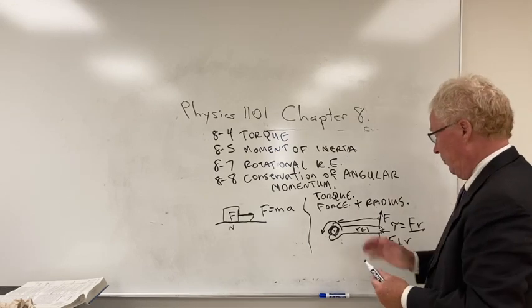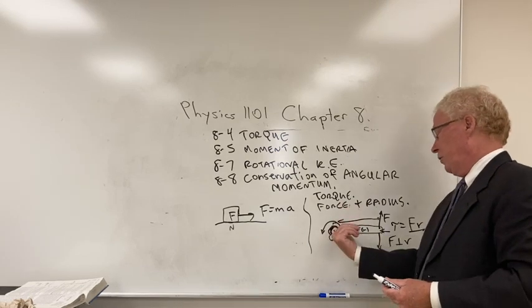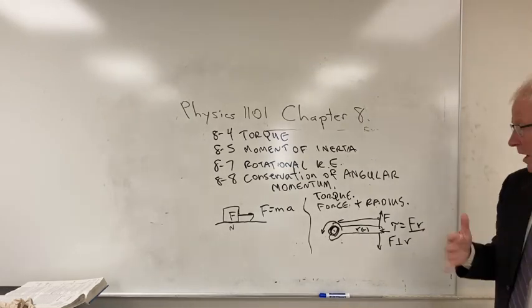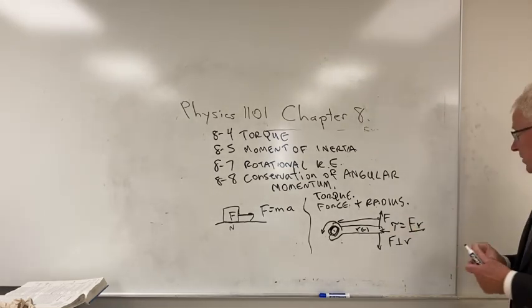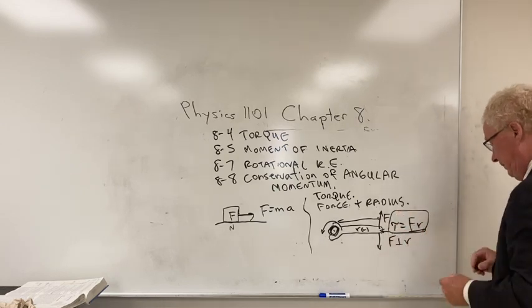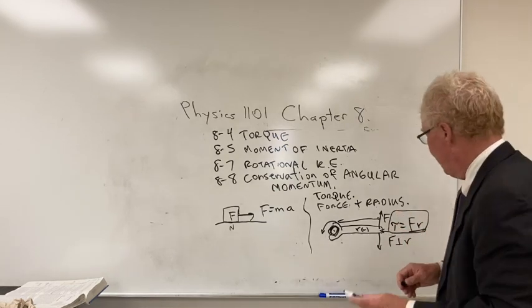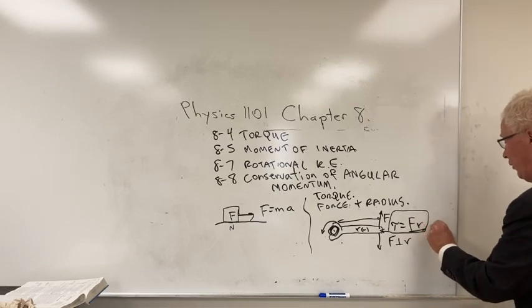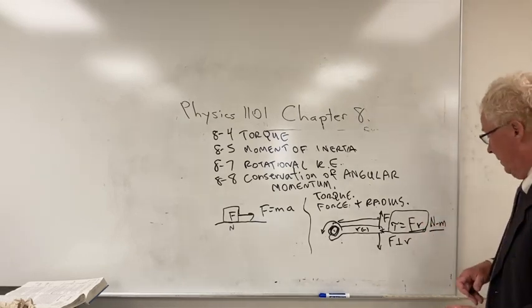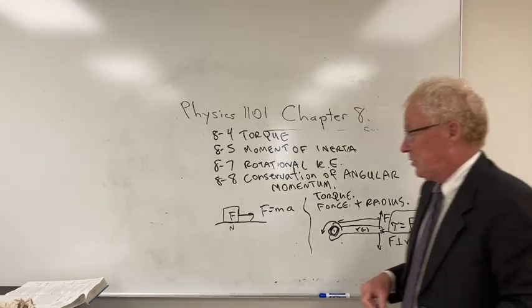So this would be a positive torque, the other direction would be a negative torque. We're not worried too much about the signs in this case, but this is our definition of torque. So it's F times r, and the units are newton meters. So that's torque.